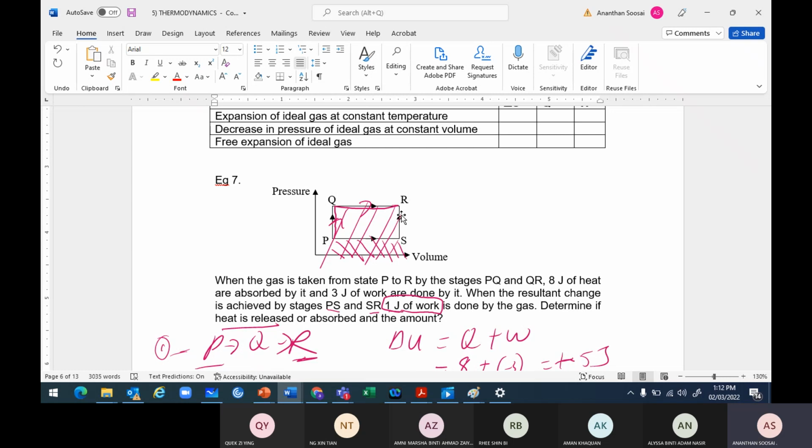But definitely R has the greatest temperature. This is a shortcut you have to predict. If P goes to R by any path, PQR or PSR, the change of U is the same. The initial and final points are the same, though they take different routes.